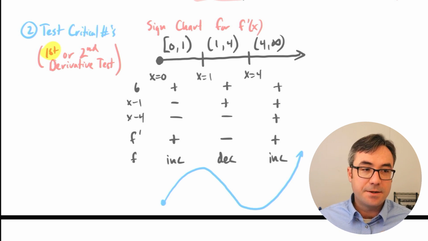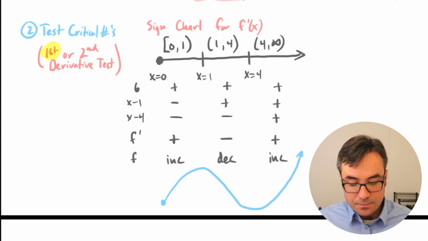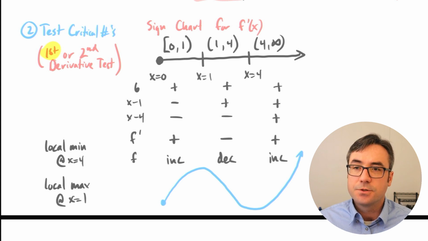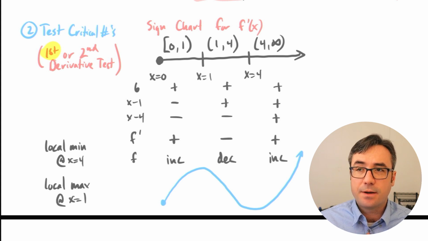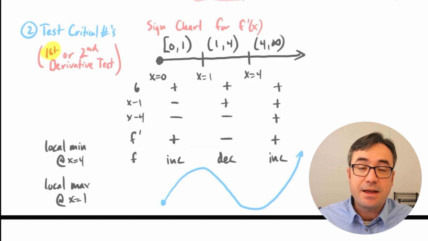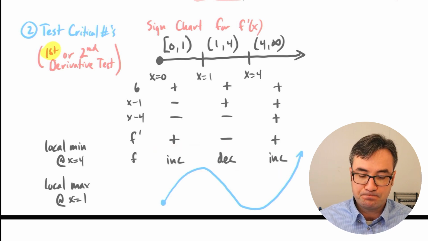So what we're seeing is that there is a local min at x equals 4 and a local max at x equals 1. So we're able to classify our critical numbers by knowing the intervals of increase-decrease using that first derivative test.